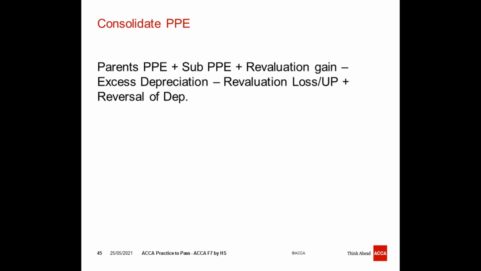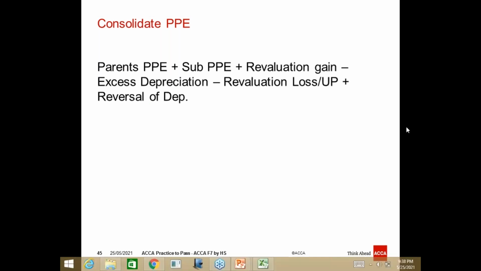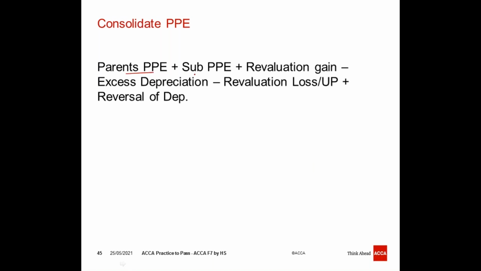Now, talking about the property, plant and equipment. Consolidated property, plant and equipment will be reported as the property, plant and equipment of the parent plus the property, plant and equipment of the subsidiary plus the revaluation gain. Sometimes there might be an upward revaluation gain. In this case, there will be an excess depreciation.